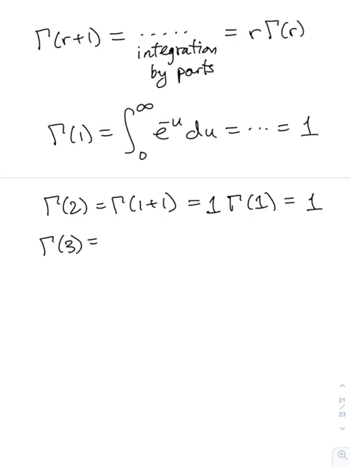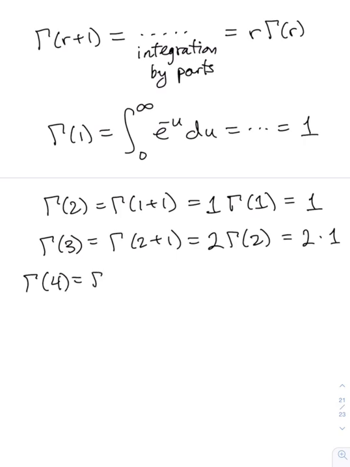Gamma of 3, I can write 3 as 2 plus 1. So that equals 2 times gamma of 2. Gamma of 2 is 1, so this is 2 times 1. Gamma of 4 is gamma of 3 plus 1, which is 3 times gamma of 3. So it's 3 times, but gamma of 3 is 2 times 1. And this pattern continues.